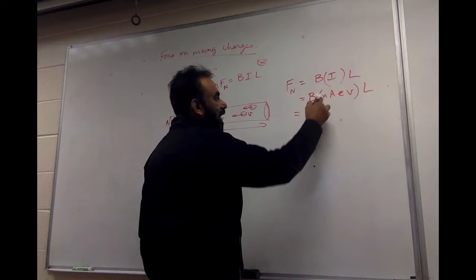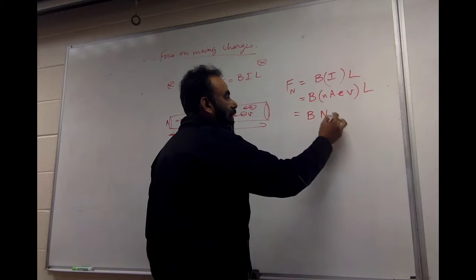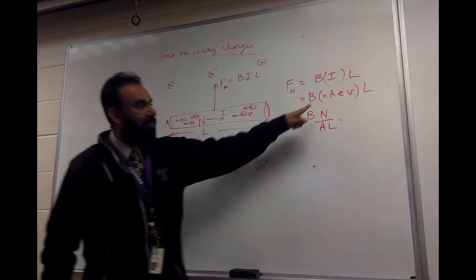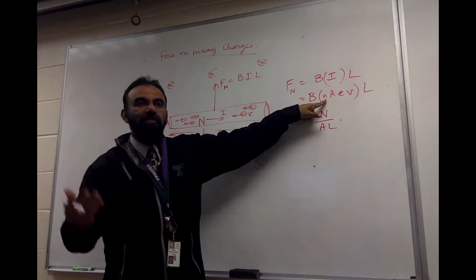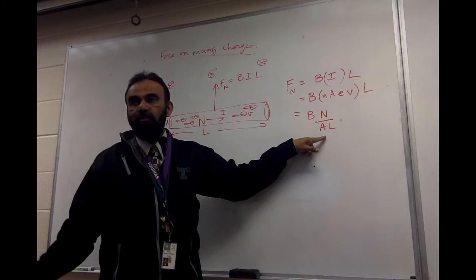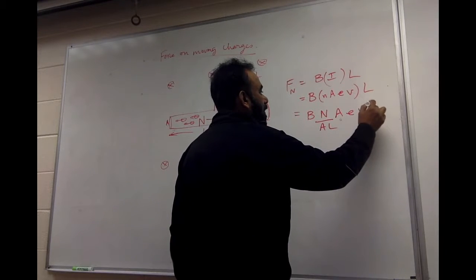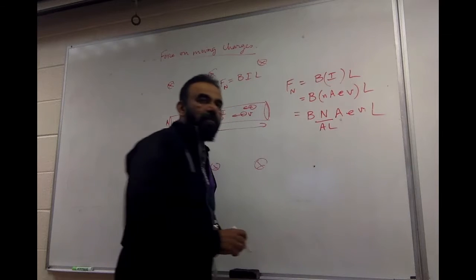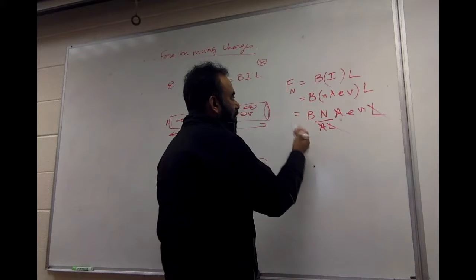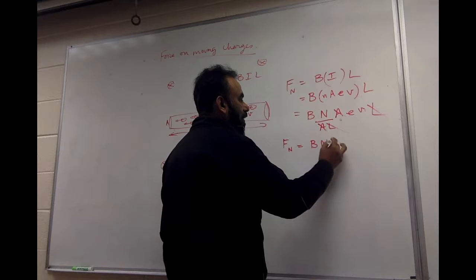So I can replace that n with N over AL. This is the number of electrons per unit volume, the electron density, and AL is the total volume. Then I put all of the other things back, and you can see area cancels off, length cancels off. So you end up having the force on N electrons: B, N, e, v.